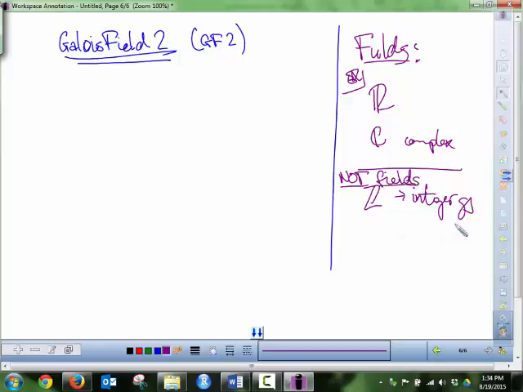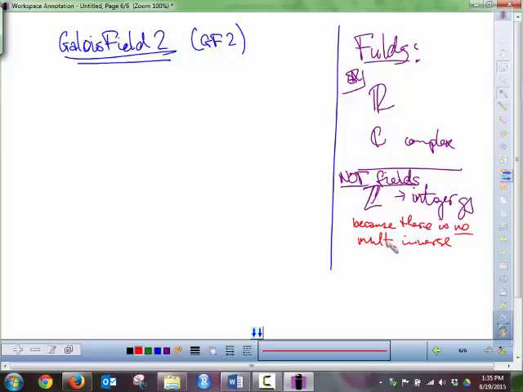So some examples of things that are not fields are integers. They usually denote it with a Z. This is not a field because a field has more things than I was trying to explain.